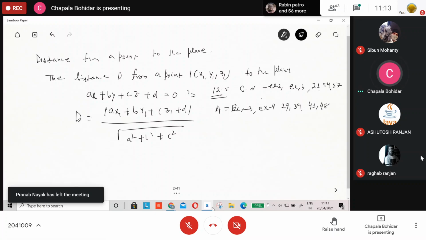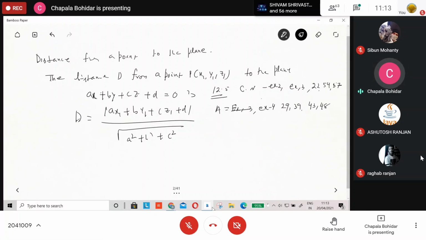Question number 22, 54, 57. Come to question number 22. Determine whether the lines L1 and L2 are parallel, skew, or intersecting.